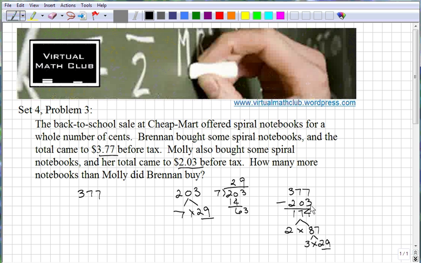This was the difference in the amount they paid. So the difference in the amount they paid should be the price per notebook times the difference in the number of notebooks they bought. So you can see that 6 times 29 is 174. So the answer has to be 6.